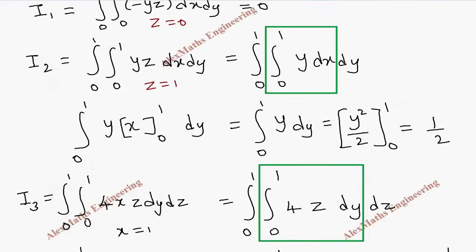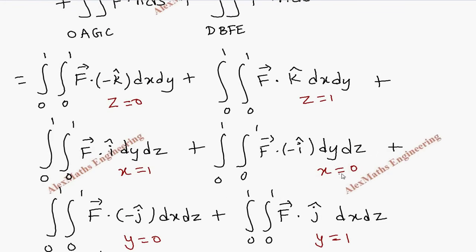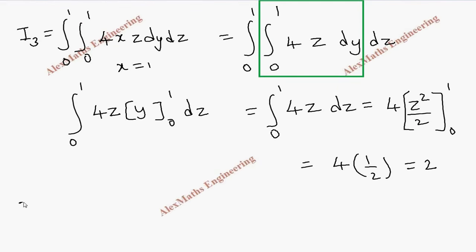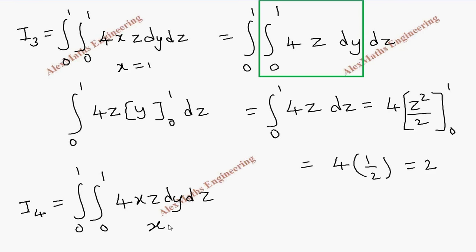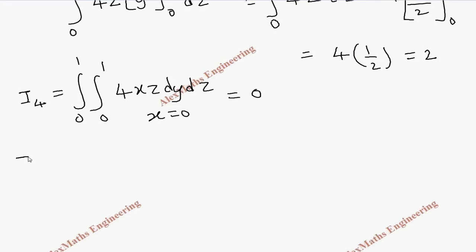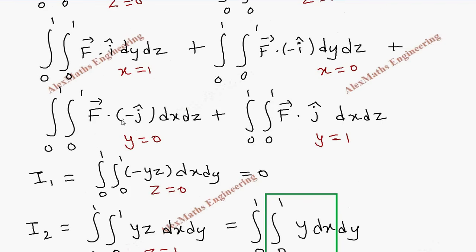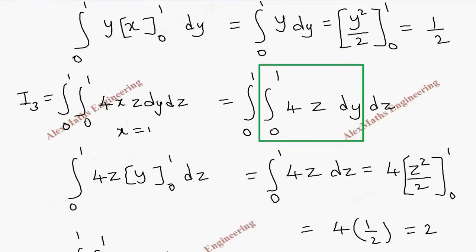Coming to I4, here the value of x is 0. So what happens is we have I4 which is double integral 0 to 1, 0 to 1, 4xz dy dz, and when x is 0 the entire value becomes 0. Now coming to I5. I5 has f dot minus j, that is the left side surface.